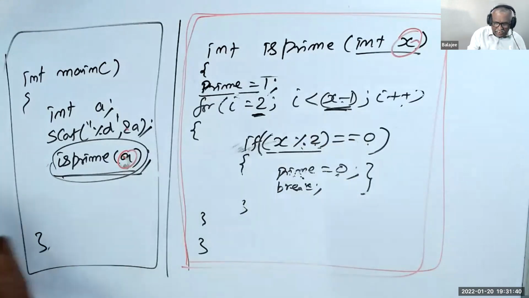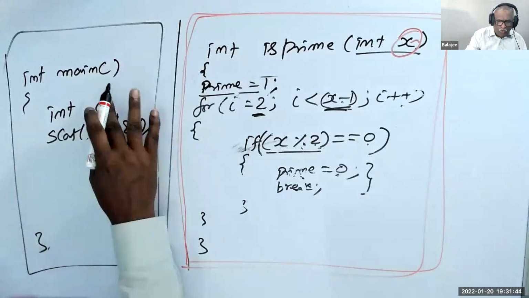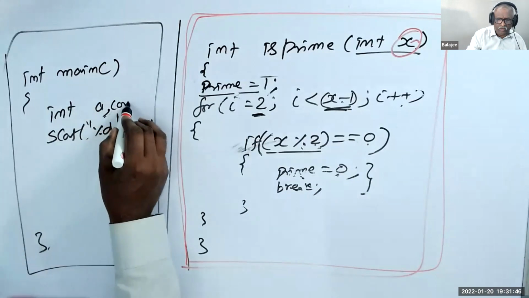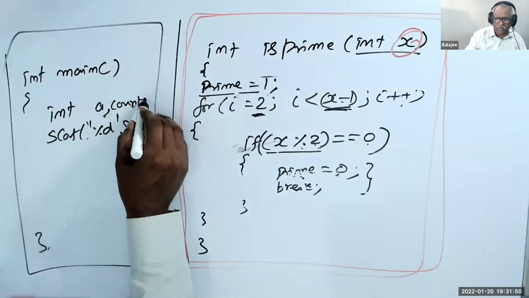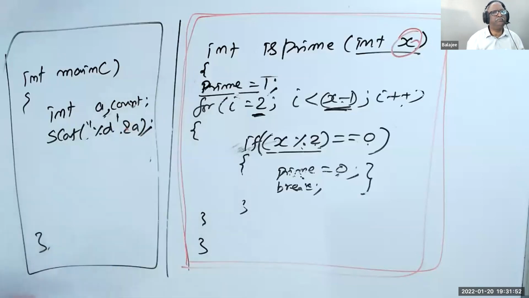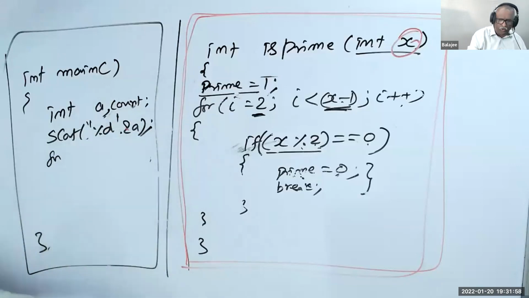Now here I will check. I'll say initially count. I'll say for, I'll take i also.